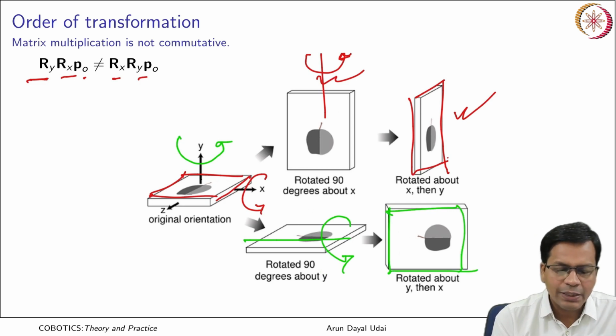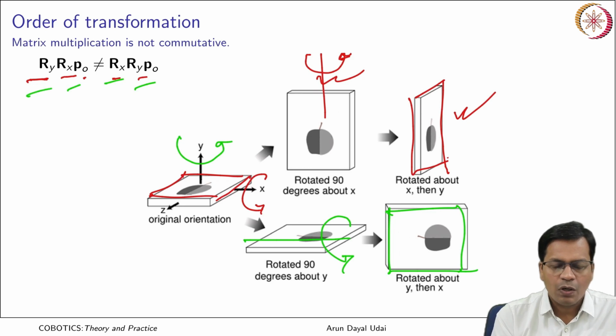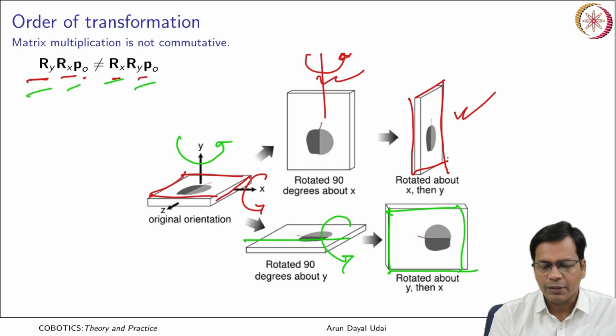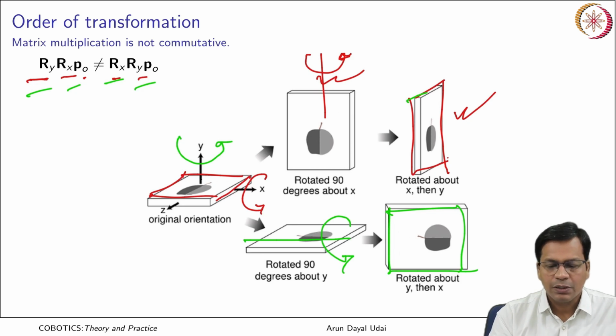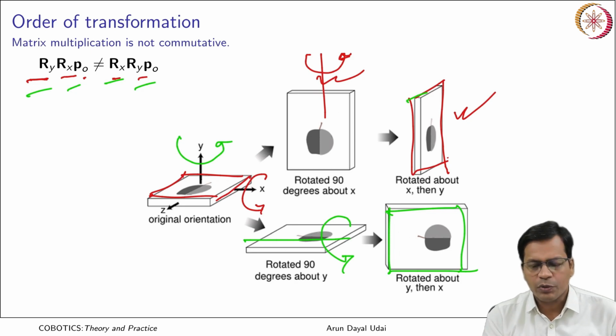So you see, by changing the order of rotation operator, what you got? You got two different orientations. That means rotation matrices are not commutative. In general, matrix multiplication is not commutative, and changing the order will take you to a different state.